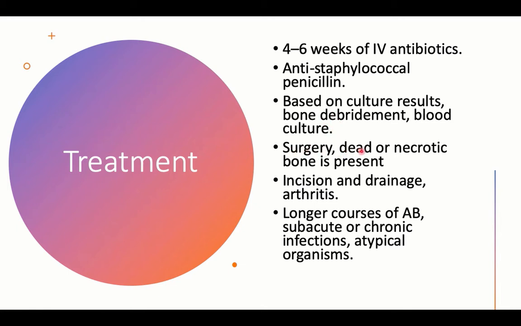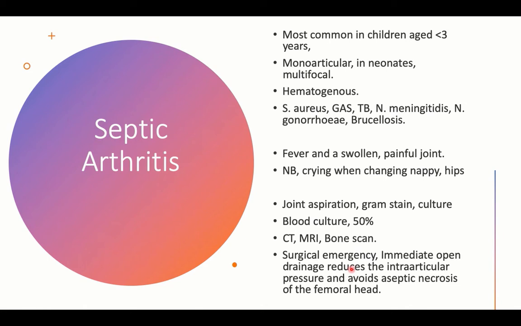Surgery is indicated for debridement, removal of dead or necrotic bone if present, incision and drainage in case of septic arthritis to release the intra-articular pressure, longer courses of antibiotics for subacute and chronic cases and for atypical organisms.